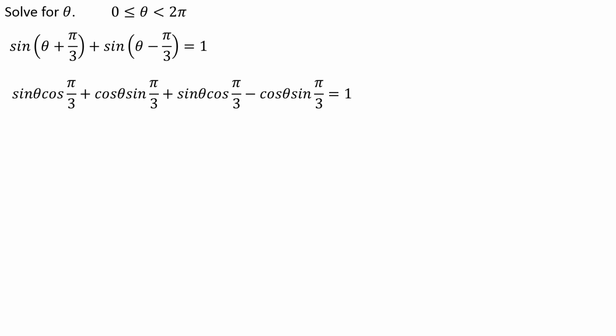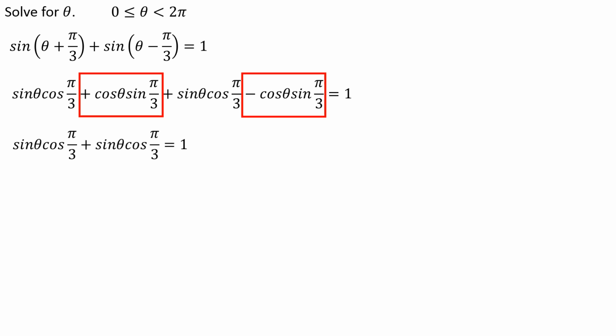Hey, something's matching. A positive cosine theta sine of pi over 3, a negative cosine theta sine pi over 3. Those cancel, they add up to 0. We can get rid of those. Looking a lot simpler already.